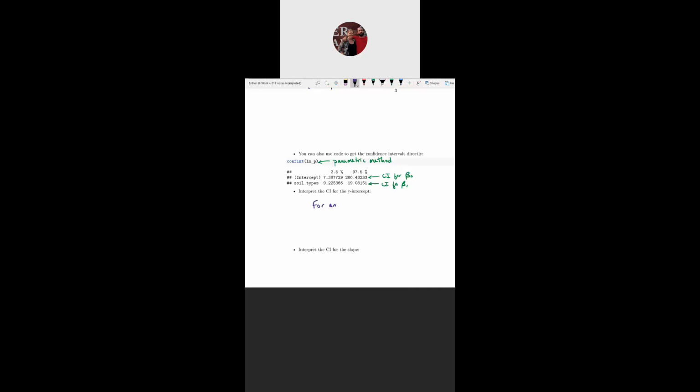So for an island with 0 soil types, we are 95% confident that the true mean number of species is between the lower bound and the upper bound.